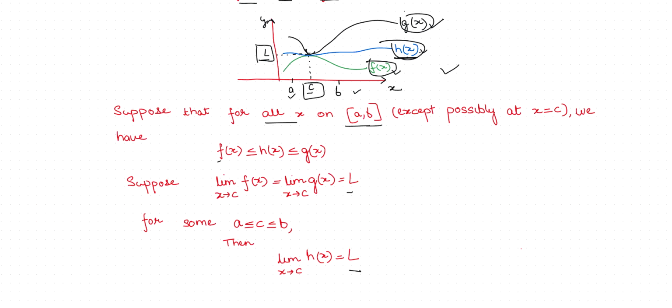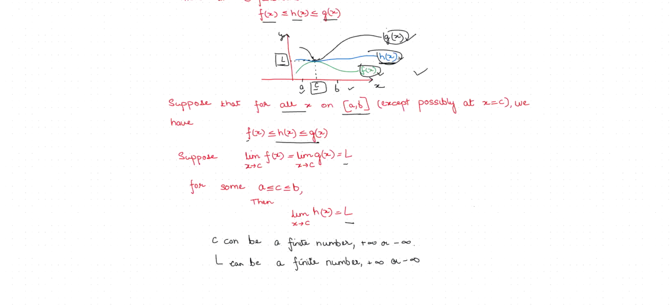So we are only concerned about what is around C, not what is actually happening at C. So here C can be any finite number, plus infinity or negative infinity, and L can also be a finite number, plus infinity or negative infinity.